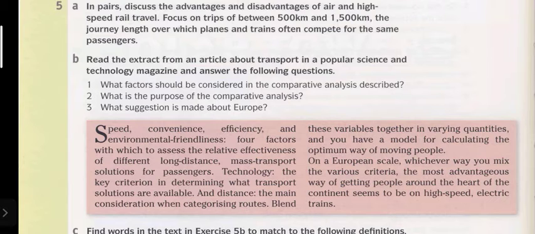Yes, well done. So it is to know the optimum way of moving people, like said in the article. عشان نشوف أفضل طريقة للتنقل. Number 3. What suggestion is made about Europe?